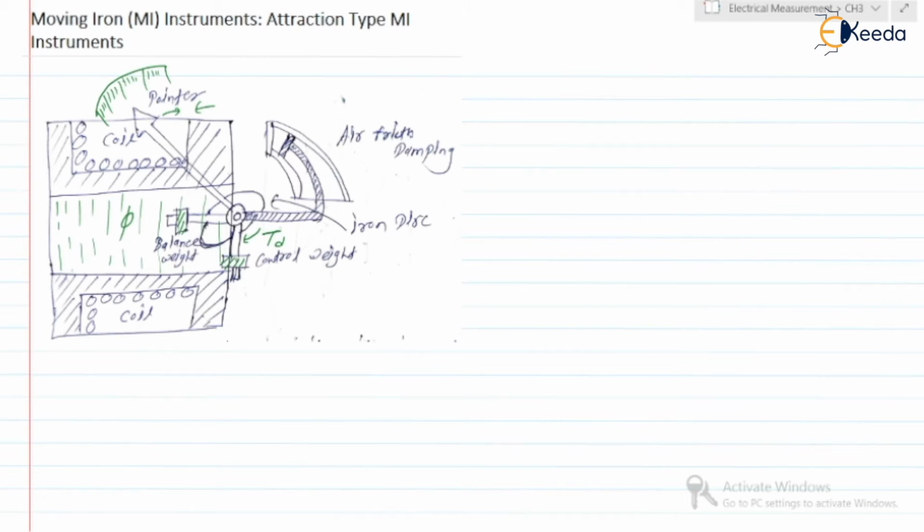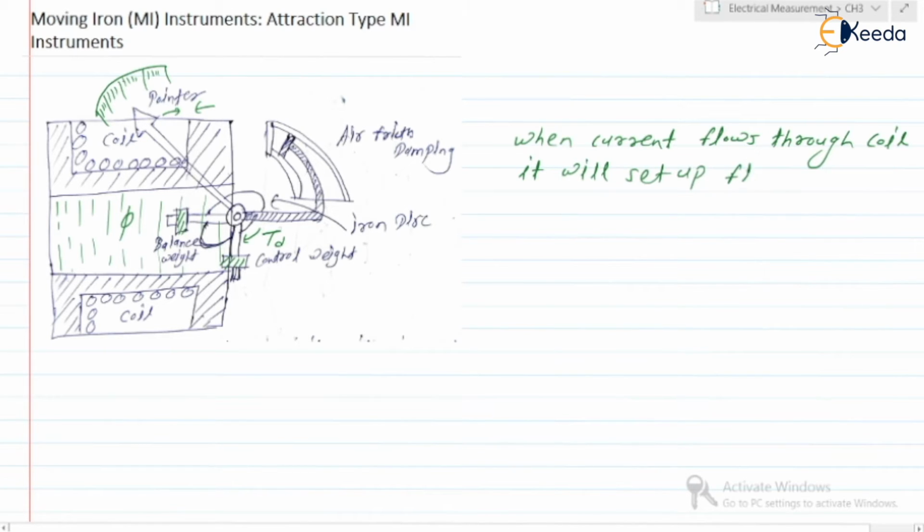So it is a very simple operation: when current flows through the coil, it sets up flux, and the iron disc gets attracted towards phi.